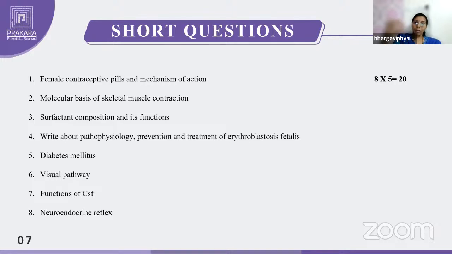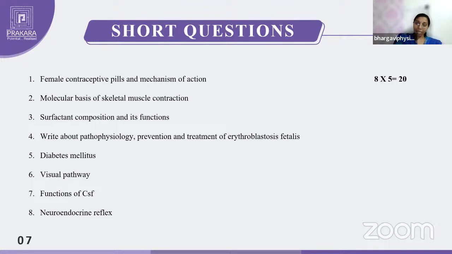You have to say that from the hypothalamus, the fibers from the supraoptic nucleus and the paraventricular nucleus are going to reach the posterior pituitary gland, and all those things you can explain in that way. And the production of the milk ejection reflex you can explain.